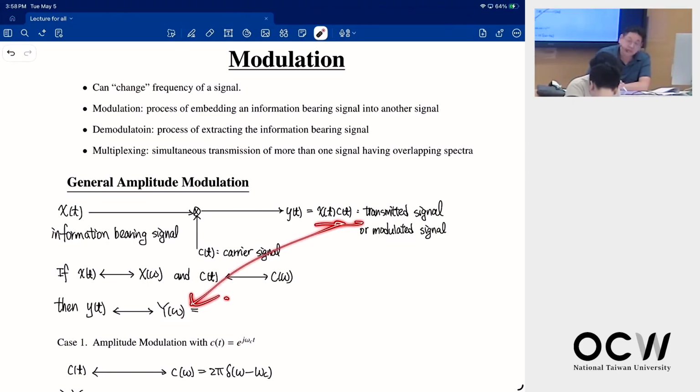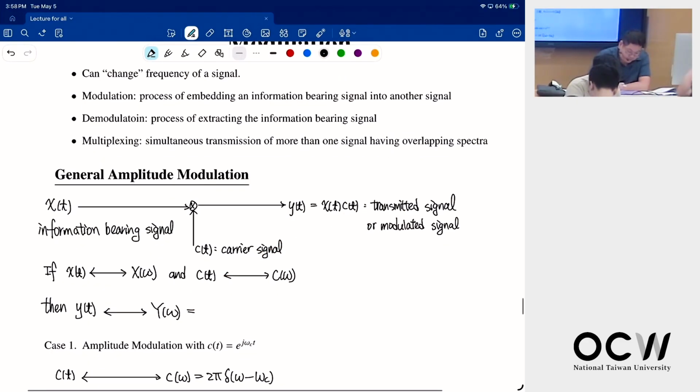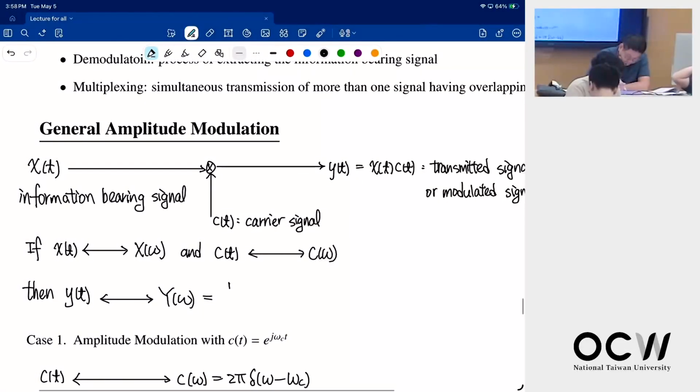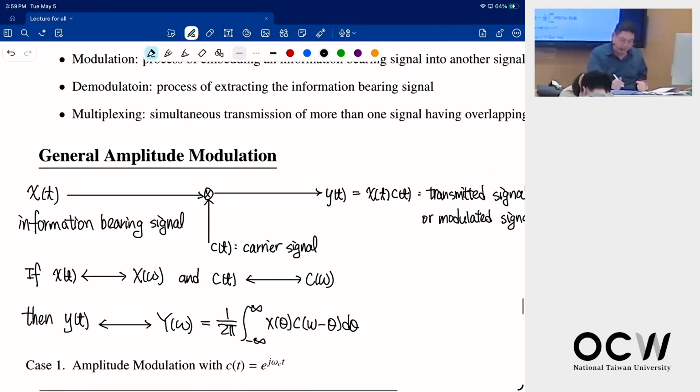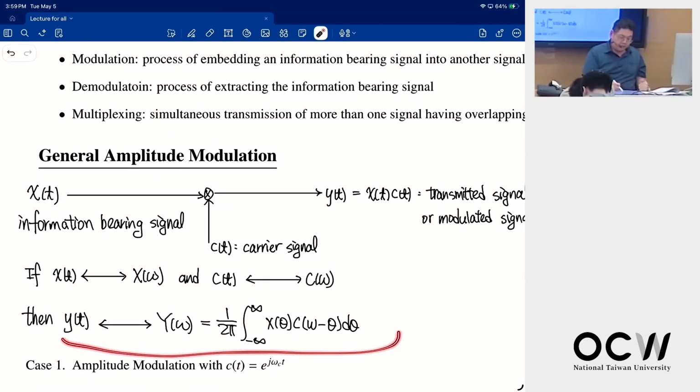So in frequency domain, they are doing the convolution. So here is the convolution. Okay, so the frequency domain of the output is a convolution.